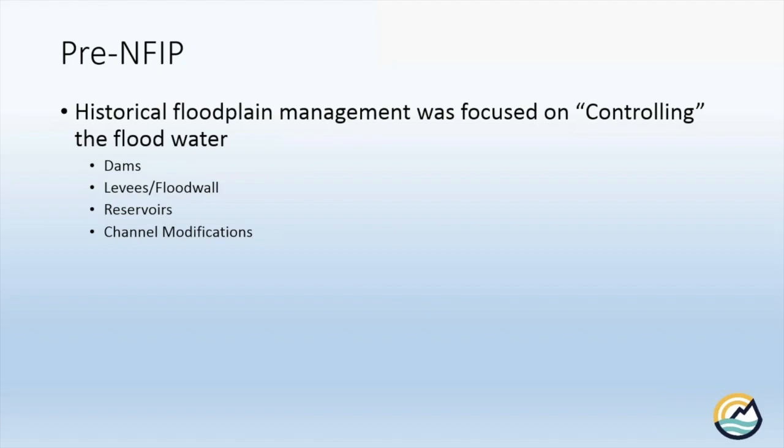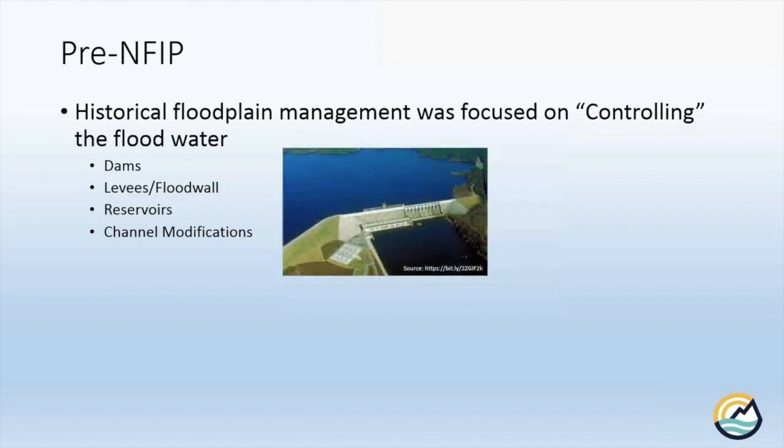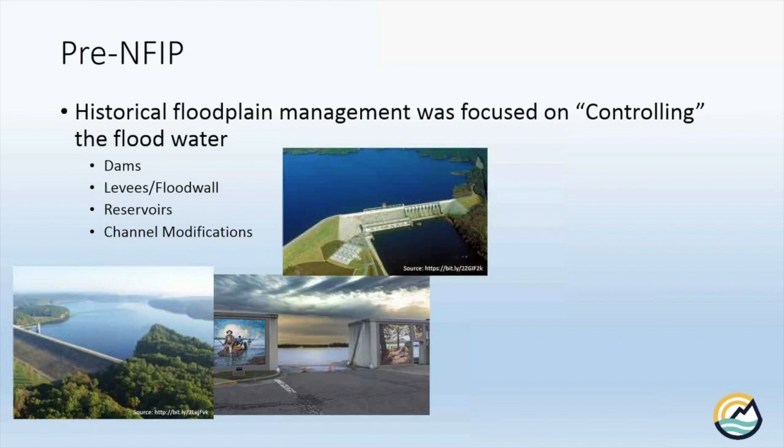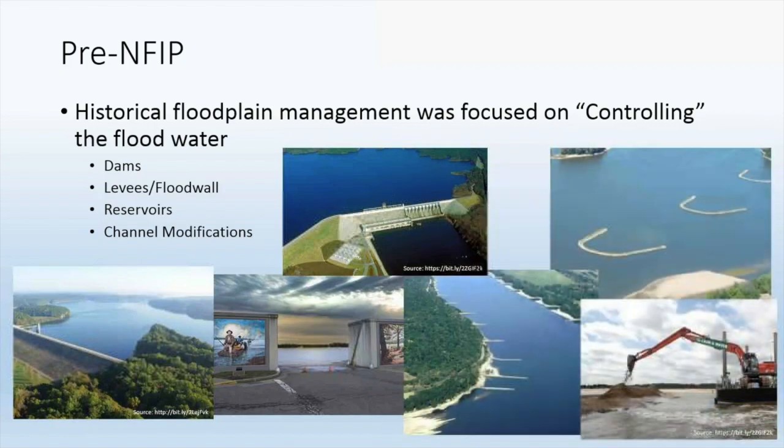This was done several different ways: constructing dams, levees and flood walls to hold water out of certain areas, reservoirs to retain or detain water to allow it to flow downstream more slowly, or actual channel modifications, like rock dikes or horseshoe dikes, or dredging operations for navigation. It's really been about controlling the water and making it go where we want.